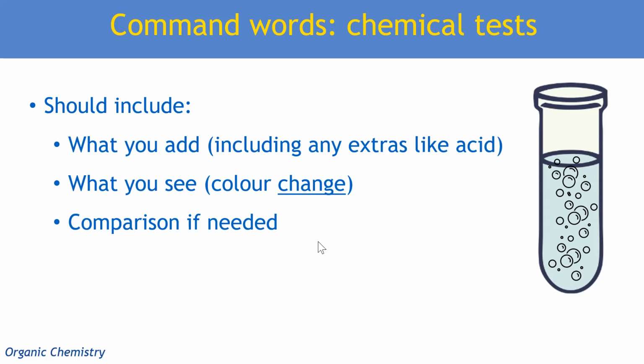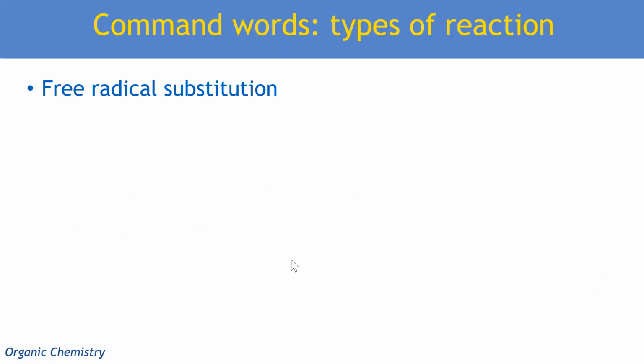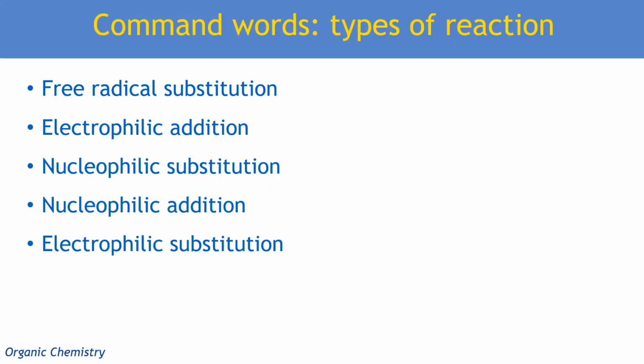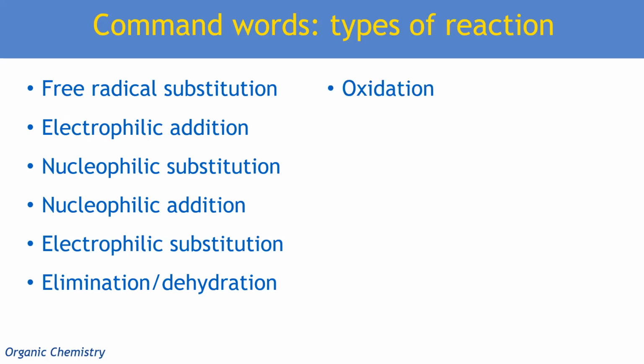So we've talked about chemical tests and chemical reactions. Types of reaction, I'm not going to tell you them all because you've got the first 10 of these summarized. The reason I've got 1, 2, 3, 4, 5, 6 on the left-hand side is not just because I ran out of room. The ones on the left-hand side of this slide are ones that you have to do mechanisms for.